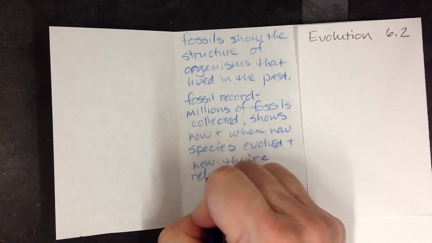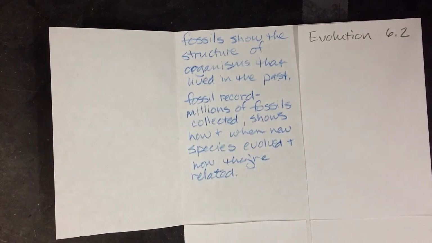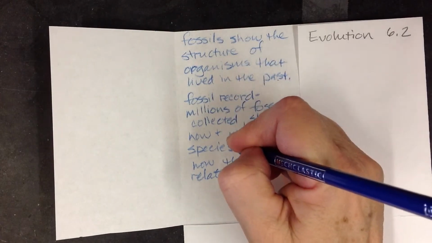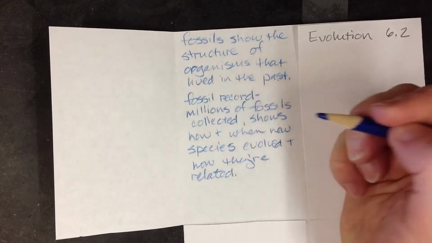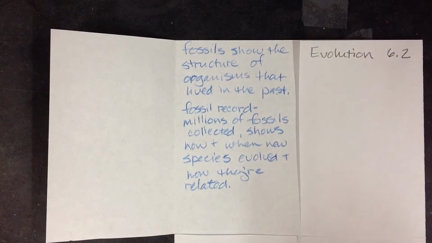So when a scientist finds a fossil, they obviously can see the shape of the bones that made the fossil, and by determining where in the rock level it was discovered, they can date the fossils to a certain age. How old is this fossil? So they have an idea of when that particular organism was here on the earth.